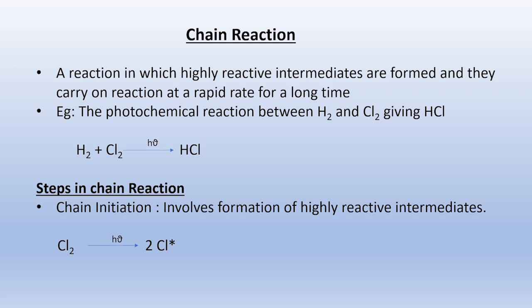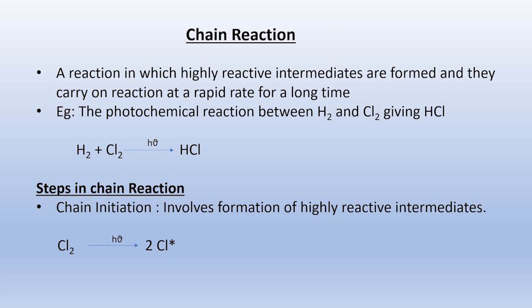Chain initiation means the generation of reactive intermediates or radicals. Most chain reactions proceed through a free radical mechanism. These free radicals are generated by the homolytic cleavage of a bond.